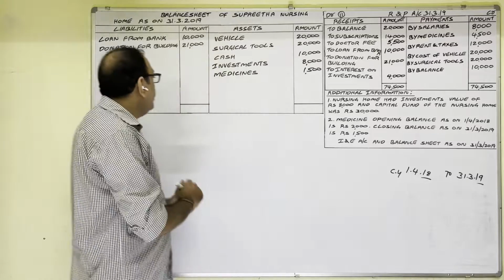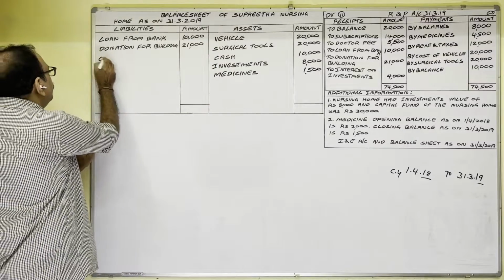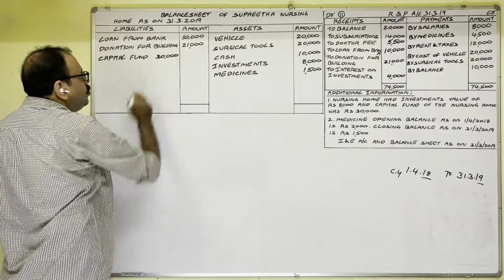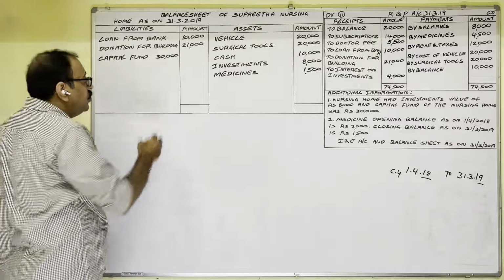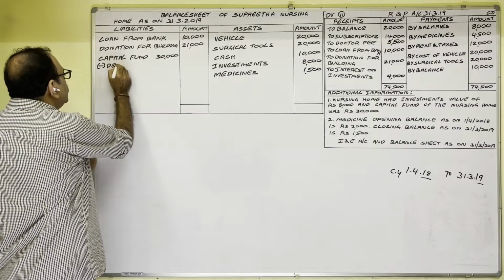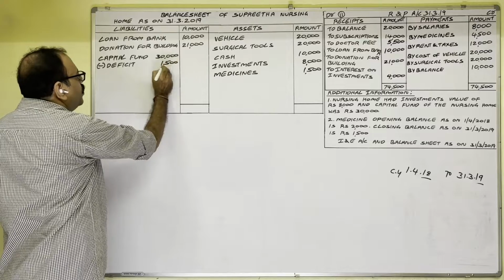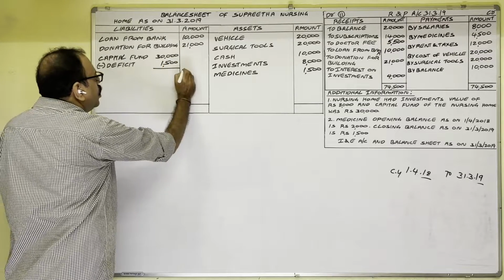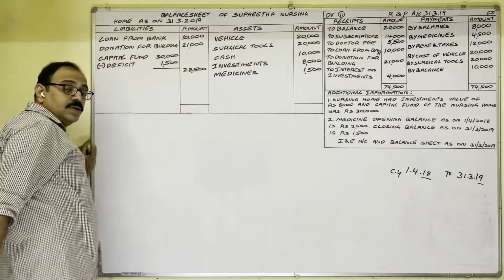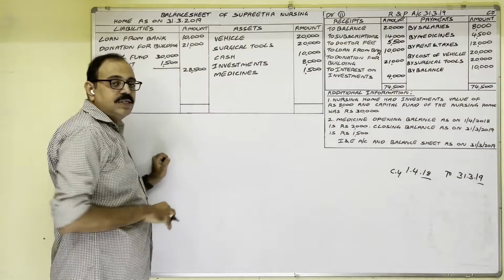So capital fund under the liability side we have to show. Amount is 30,000 rupees. In the present problem we got a deficit. Therefore, you have to subtract from capital fund, minus deficit 1,500. Then the remaining amount in the outer column, 28,500.